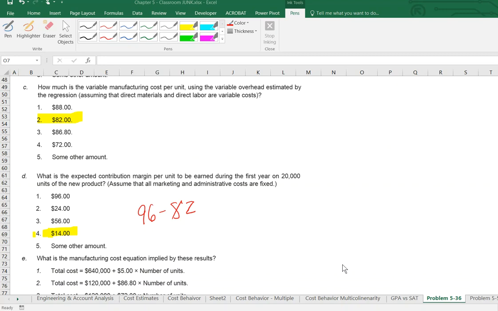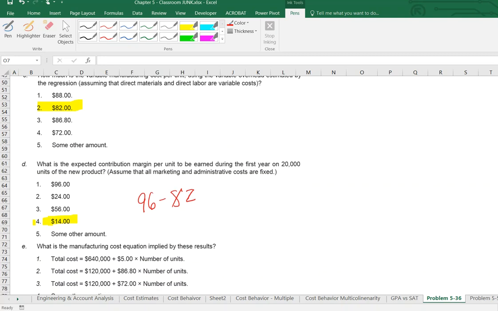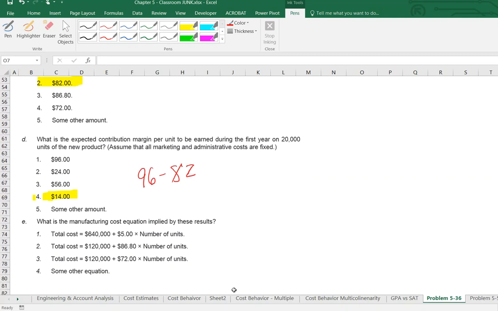Our total manufacturing cost equation implied by these results, if we're doing it in terms of number of units, we had a fixed overhead component of 120. So we know that it's one of these two. And our variable cost per unit was $82, and we see we don't have one here.